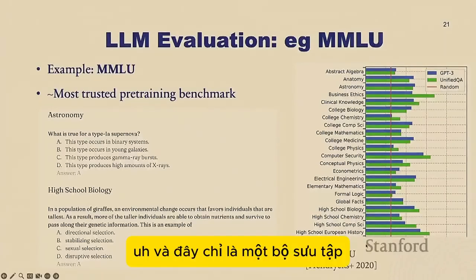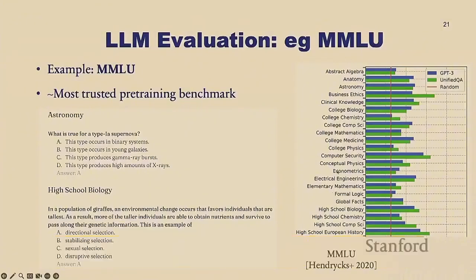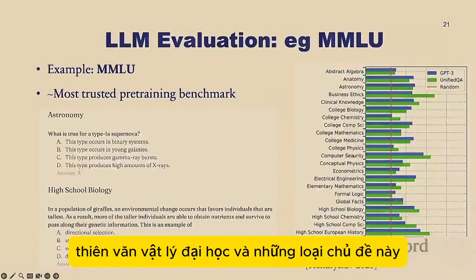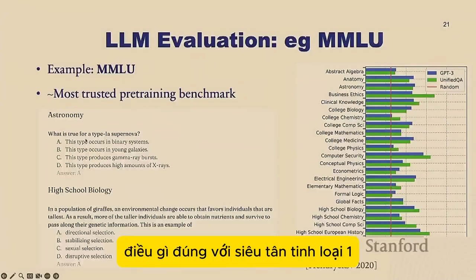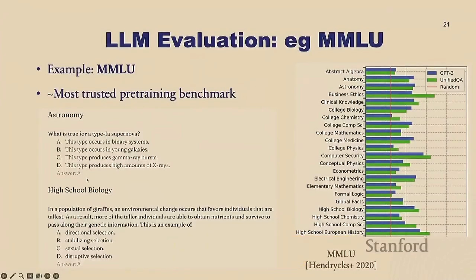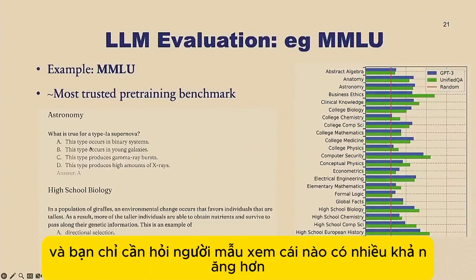It's a collection of many questions and answers in many domains, for example college medicine, college physics, astronomy, and these types of topics. The questions are things like, this is in astronomy, what is true for type 1a supernova? Then you give 4 different potential answers, and you just ask the model which one is more likely.